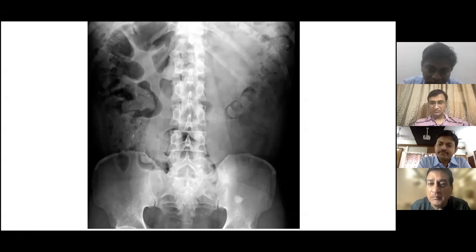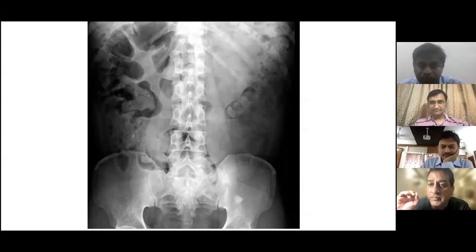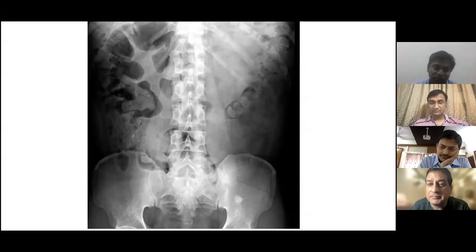A couple more points I want to make here. If you have this kind of X-ray and somebody comes to you passing one stool a week, that is nothing but slow transit. There's no doubt. Once a week stool may be fine, but if the history is repetitive, year after year or month after month, the patient passes one stool per week, even two stools per week, or even less than that, it is nothing but slow transit constipation.